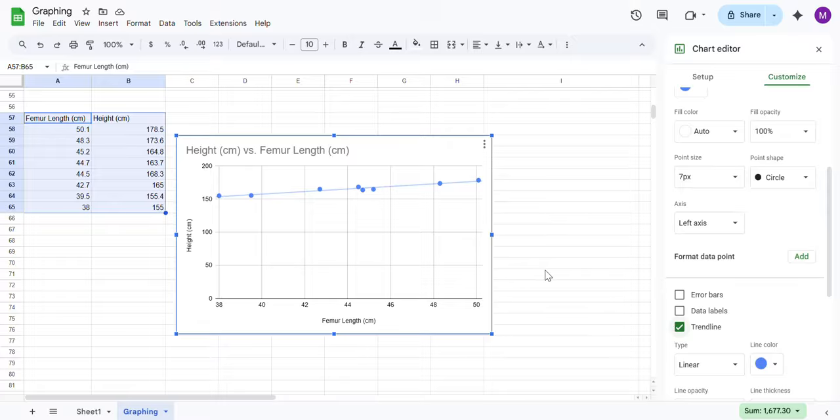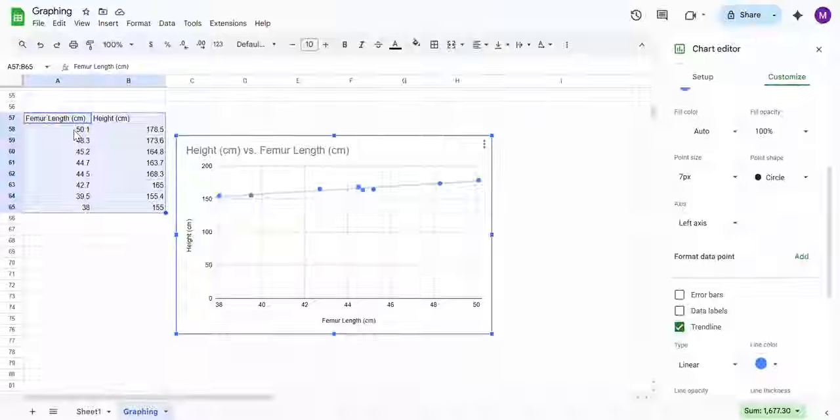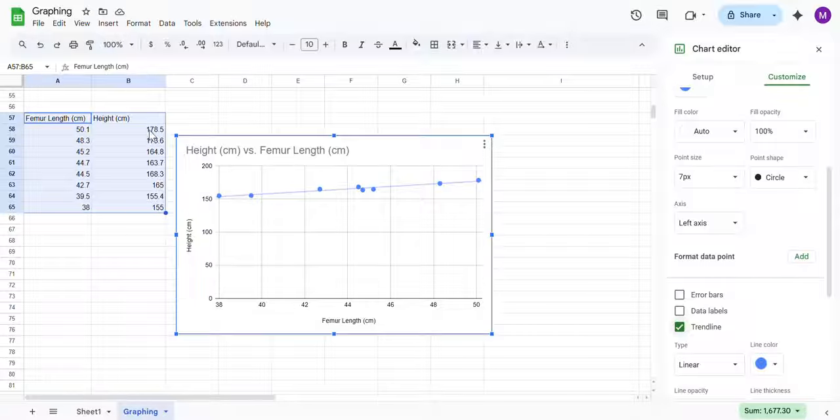Now, the reason we have this line of best fit is so that we can make estimations about other data points. So for instance, if I'm looking at my first set of data points, like the 50.1 and the 178.5, for a femur length of 50.1, the height is going to be 178.5.